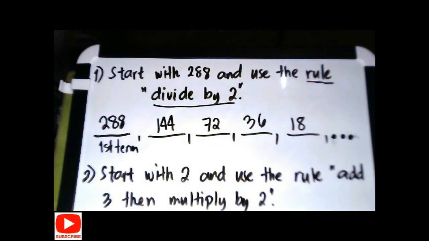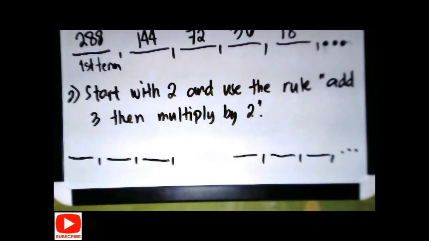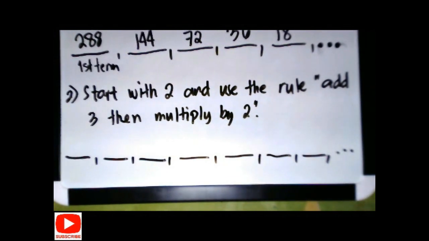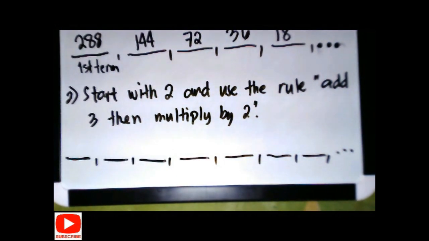Okay, let's try number 2. Start with 2 and use the rule, add 3, then multiply by 2. So the first term here is 2.